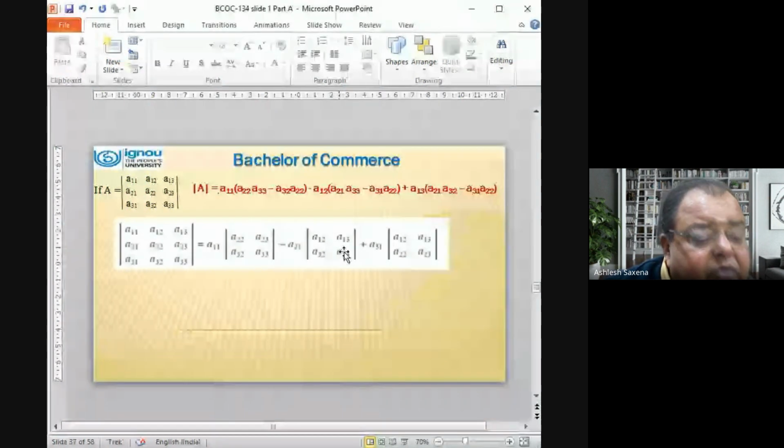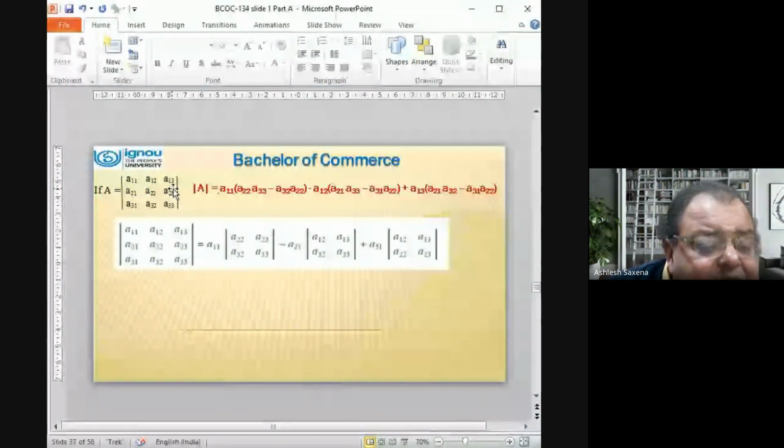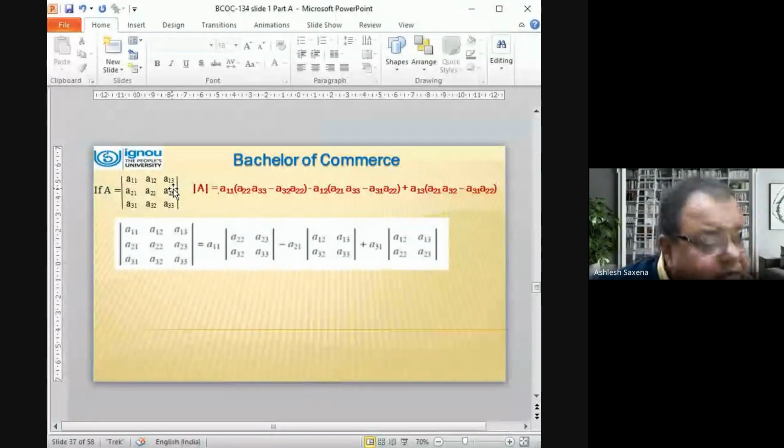When I will be taking A12, what I will be doing? I will be removing this and removing this. So I will be left with this and this. And in the third one, the first one is plus, second one is minus, third one is plus. That will be A13 into remove this and remove this.